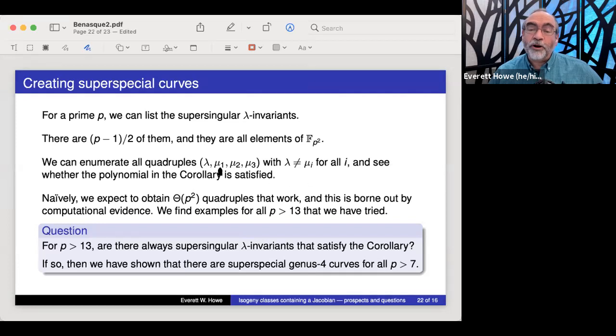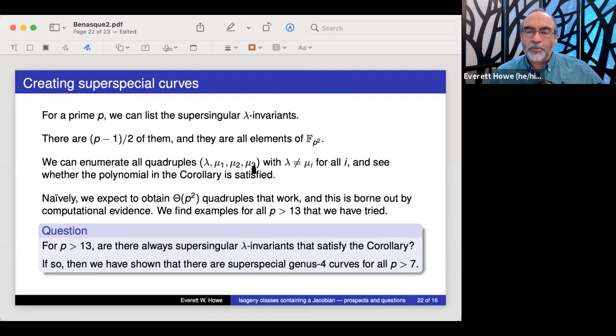And then you could enumerate all of the quadruples of lambda invariants of 4 elliptic curves. The lambda has to be different from the mu i's in order to glue things together. But then we can plug these values into the polynomial on the preceding page and see whether the value is 0. So we have about p to the 4th possible combinations of lambdas and mu's.